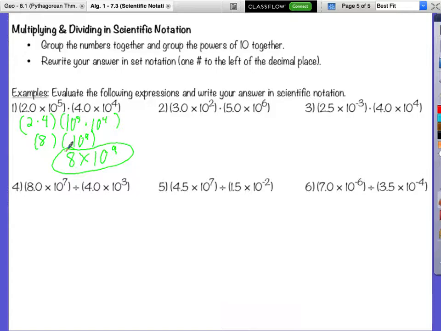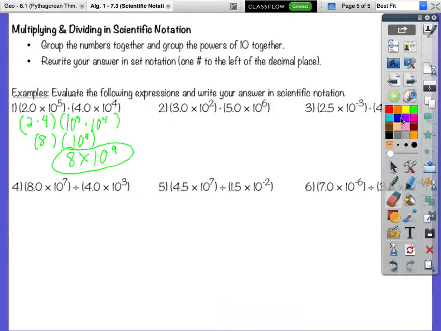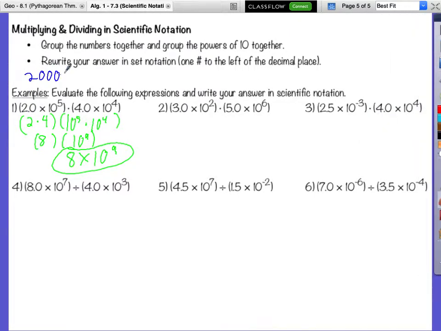Now, we don't want to do this, so I'm going to write this out the long way, so don't write this part. We could write this whole thing out: 2.0 times 10 to the 5th, and 4 times 10 to the 4th, and actually multiply those, and then put it back in scientific notation.